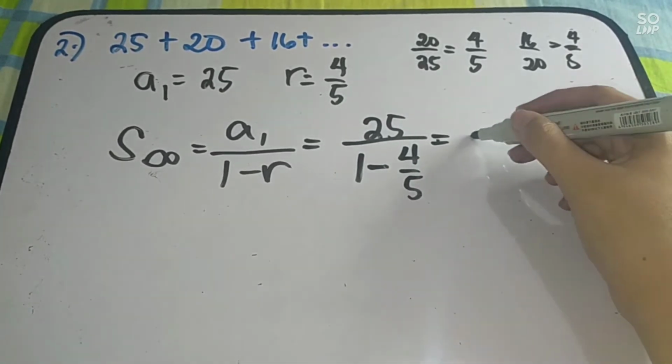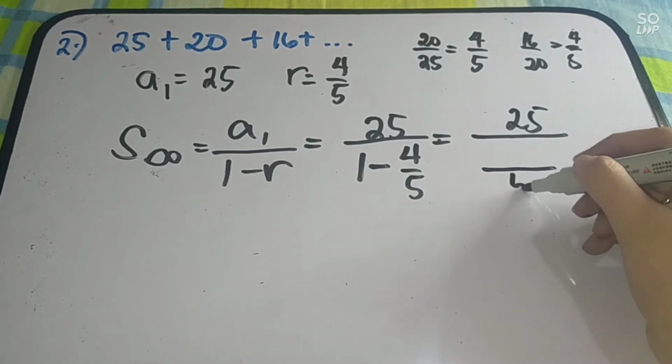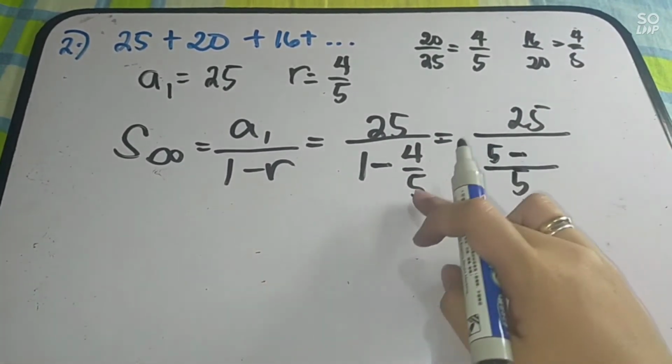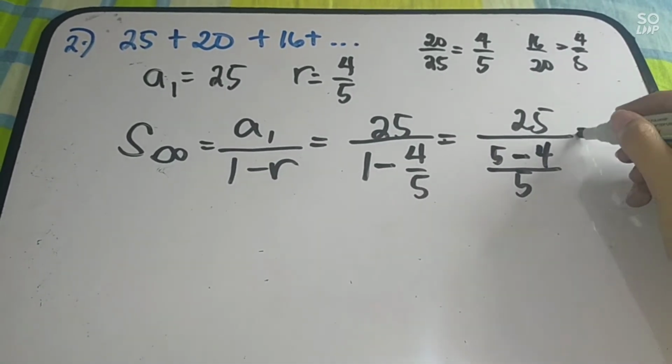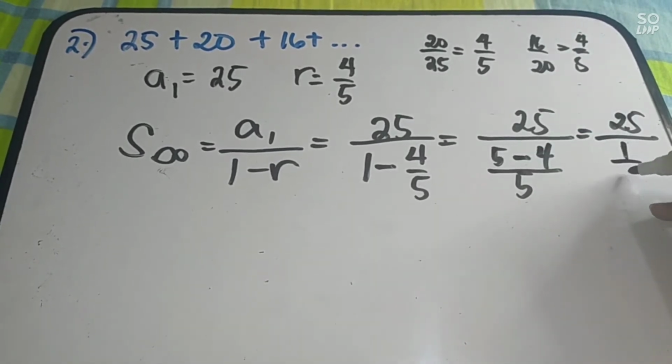Find the LCD, which is 5. 5 times 1 is 5, minus 5 divided by 5, 1 times 4, we have 4. Then simplify. You have 25 over 5 minus 4, that is 1 over 5.